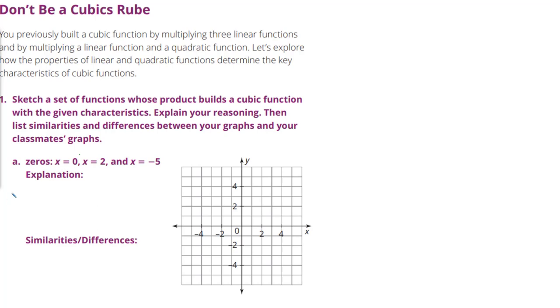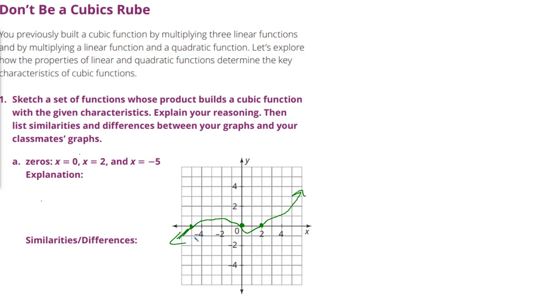And so my zeros were at x equals 0, 2, and 5. Now, it doesn't tell me any more information. So I don't know which way my graph's coming from, but I chose to go ahead and do a basic positive one, positive A, which means my graph could look something like this.